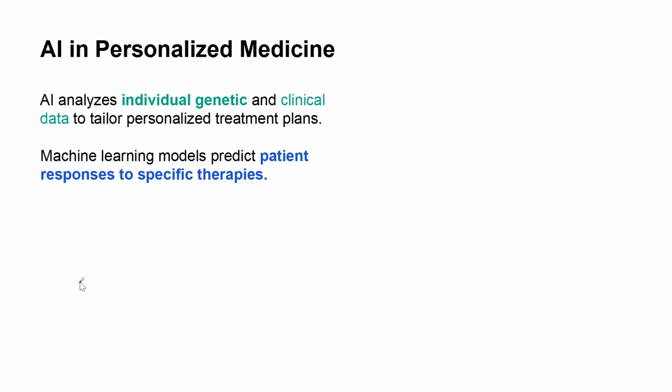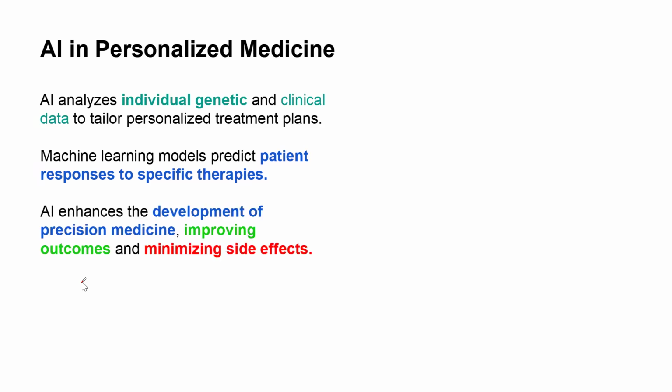There are different machine learning models that can help to predict the patient response to specific therapies. For example, if you administer a drug to a particular individual, with machine learning models you can predict the response of that individual to the drug.